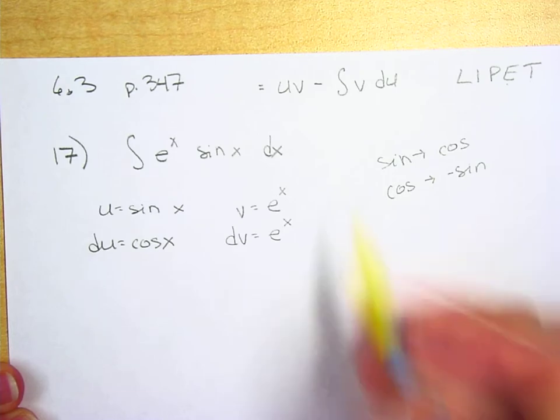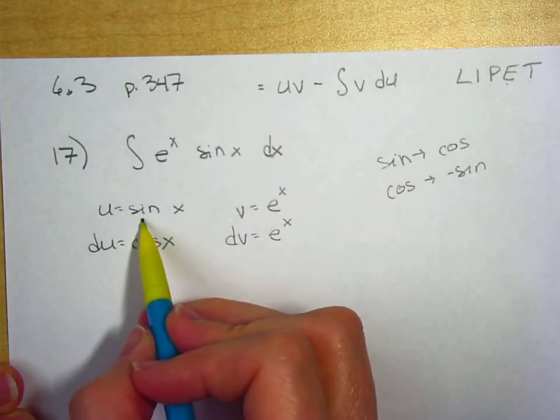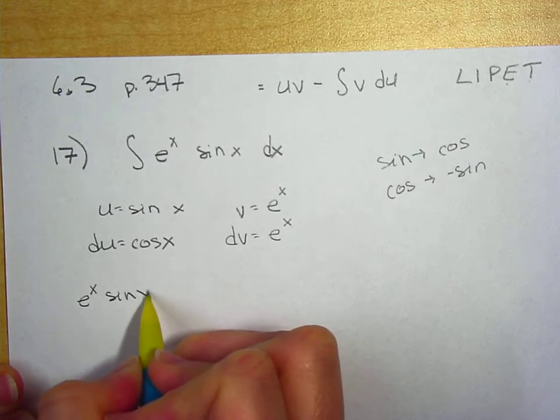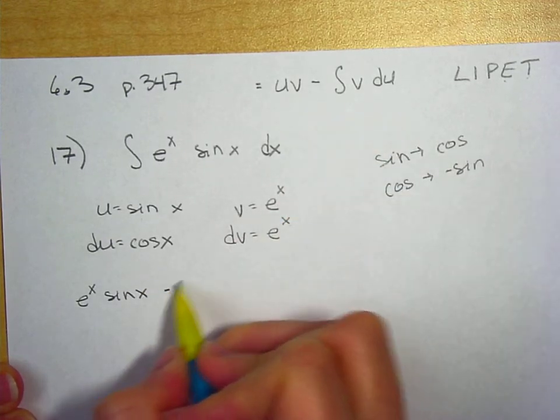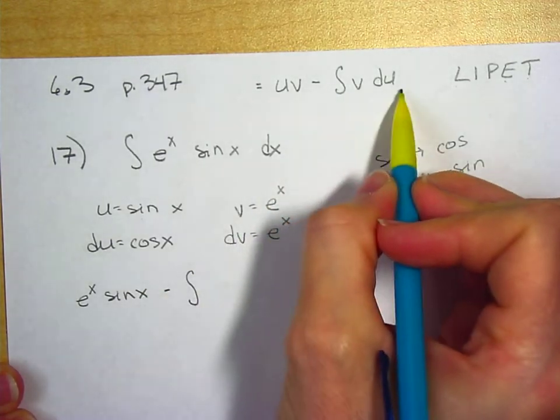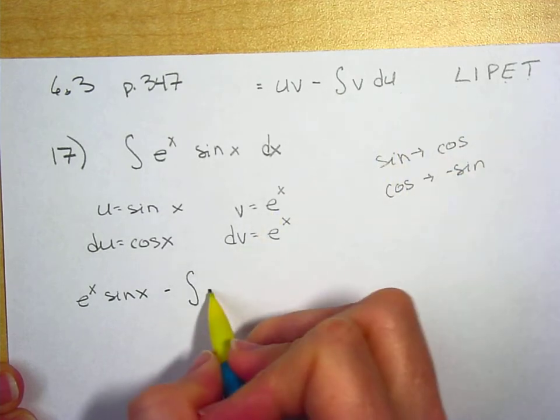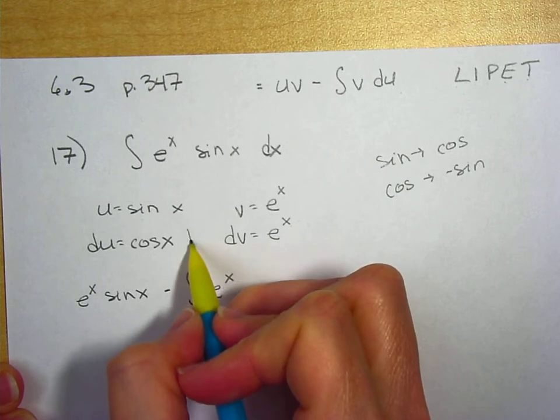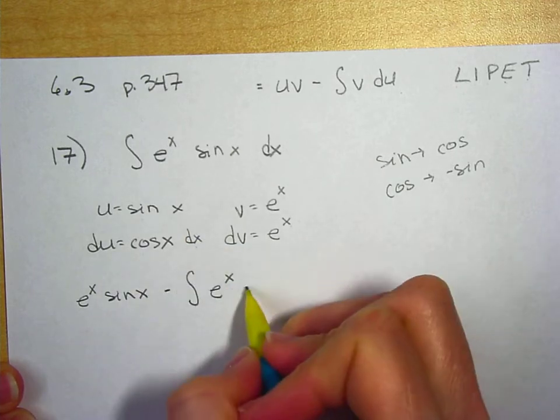Okay, so u times v would be sine of x times e to the x minus the integral of voodoo, v du. So v is e to the x. Du, I should have a cosine on here, is cosine of x dx.